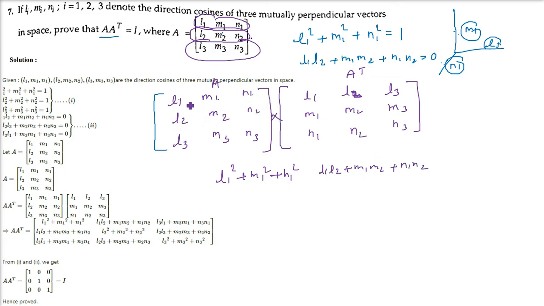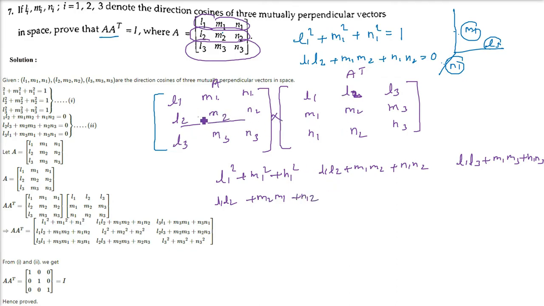First row with third column: L1 L3 plus M1 M3 plus N1 N3. This is the first row, and the others will be similar. Second row, first column: L2 L1 plus M2 M1 plus N2 N1.